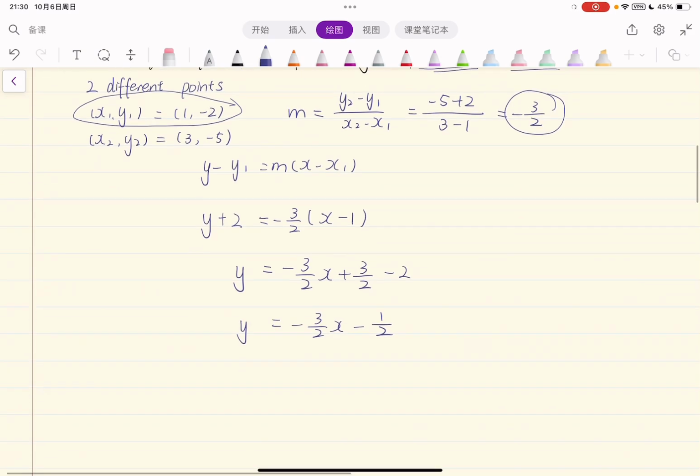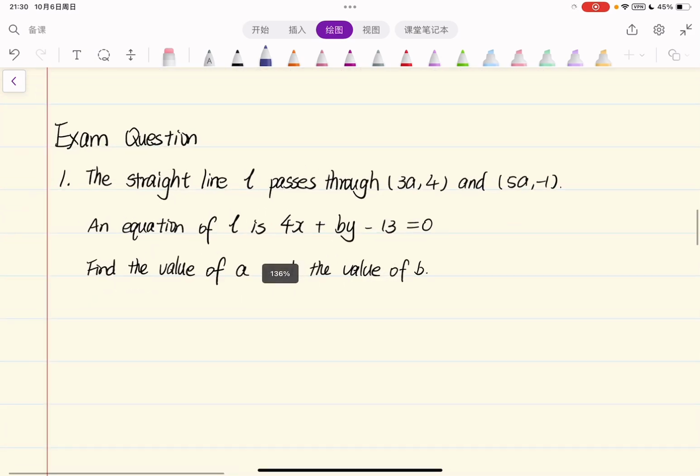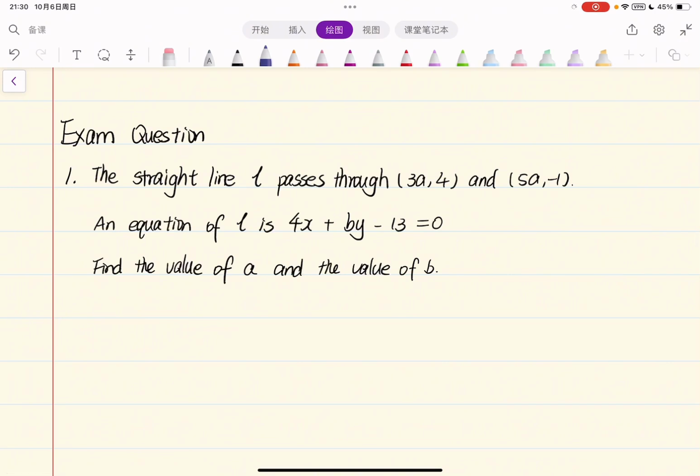Now let's move on to see the exam question. We have the straight line L passes through 3a, 4 and 5a, -1, and the equation of L is 4x plus by minus 13 equals 0. It asks you to find the value of a and the value of b.